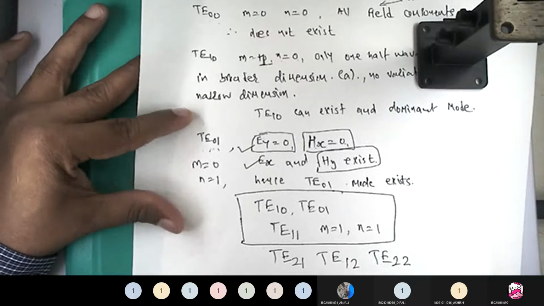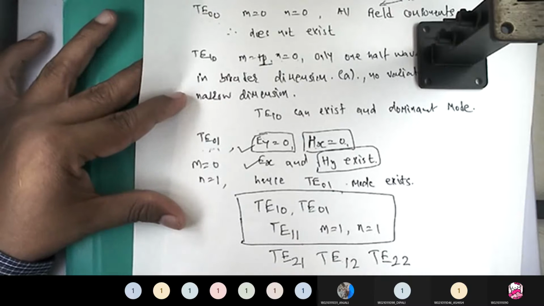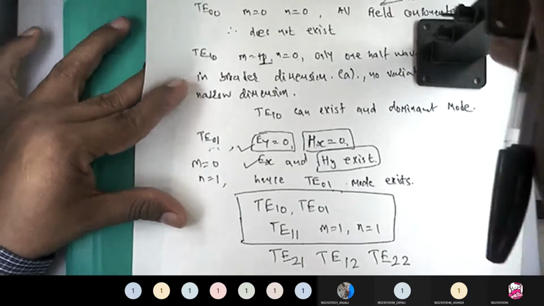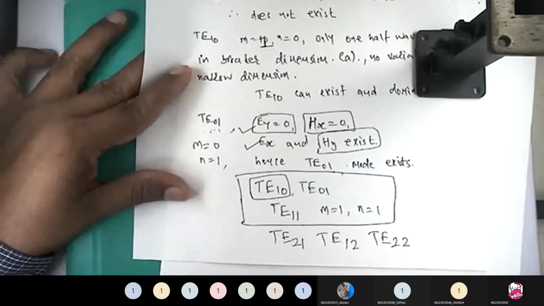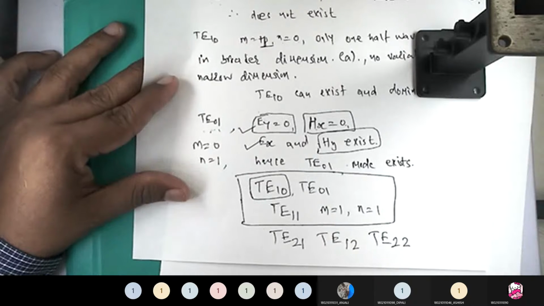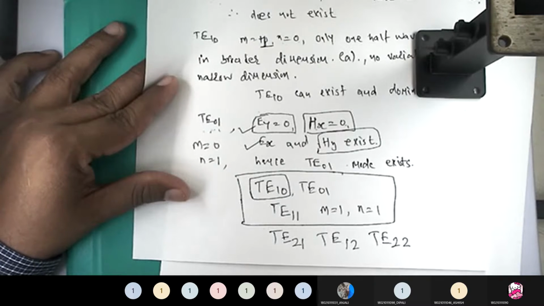But as I mentioned, generally we use the rectangular waveguide in a single mode, and that single mode is nothing but this TE10 mode, and that is our dominant mode, because this is the mode at which the cutoff frequency is lowest or wavelength is longest.